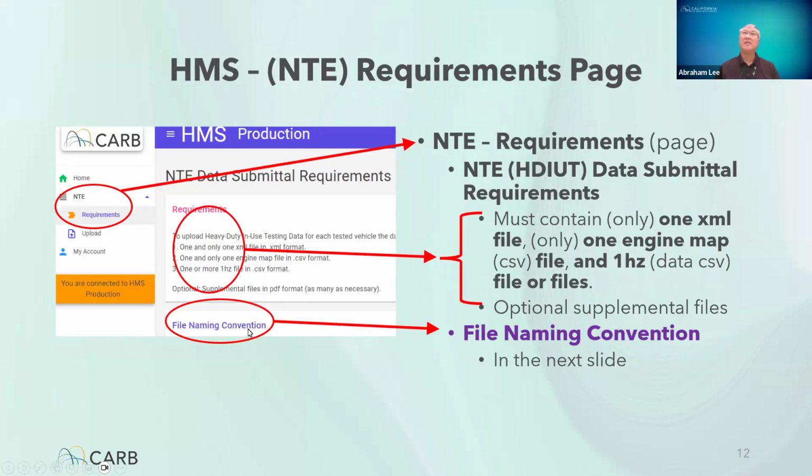For a test with the test vehicle or engine, you need to have only one XML file and only one engine map file. But depending on the testing, you can have multiple other files, one or more than two. You can also submit optional supplement files such as maintenance records. The file naming convention will be shown in the next slide in detail.